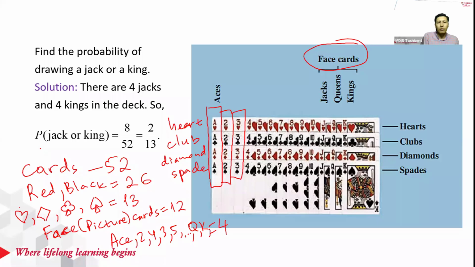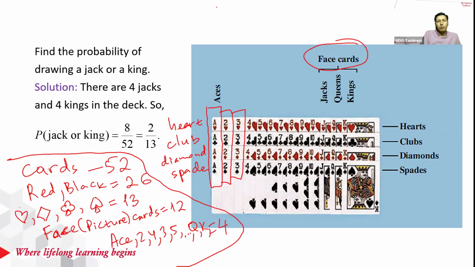You have to remember these numbers. So total, we have 52 cards, half of them black, half of them red. A quarter of them are diamonds, a quarter hearts, and so on.